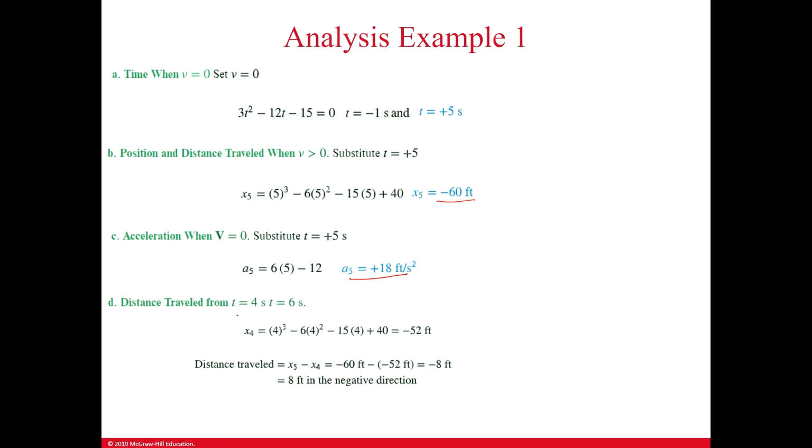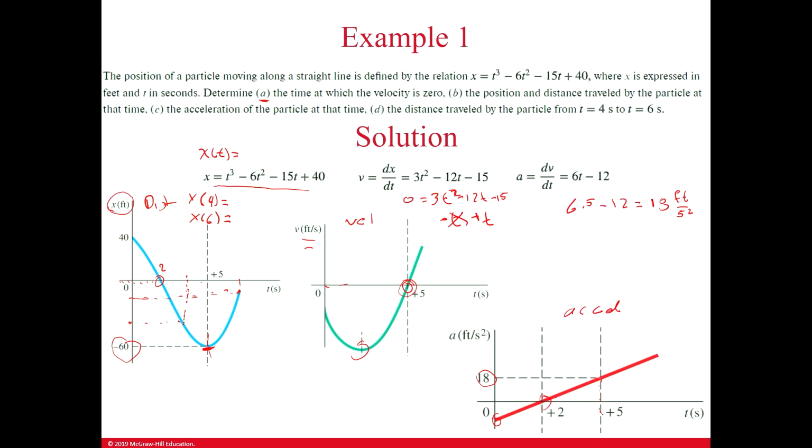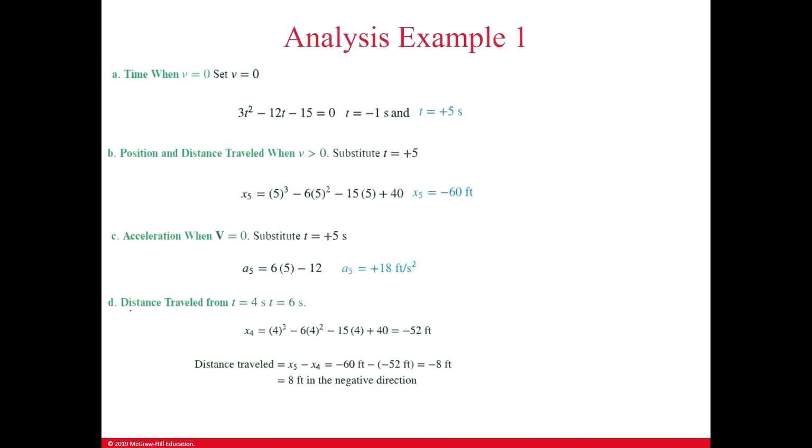So distance from 4 to 6. So x at 4 is 4 cubed minus 6 times 4, which is negative 52 feet. Okay, so at 4 is negative 52. And then you do the same thing at 6.